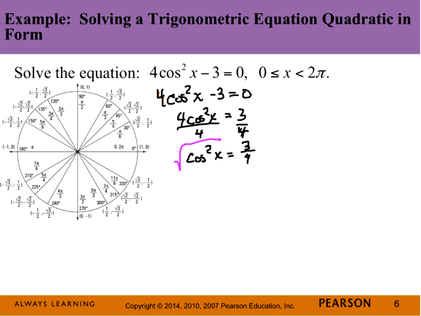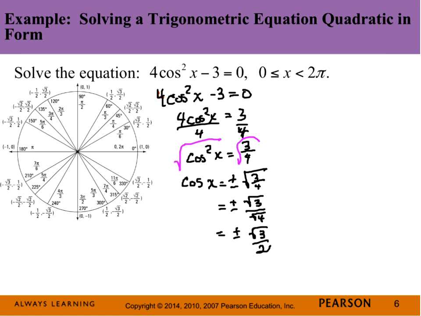Now I need to take the square root of both sides. And I get the cosine of x is positive negative square root of 3/4, which is the same thing as positive negative square root 3 over square root 4, which is the same thing as positive negative square root 3 over 2.